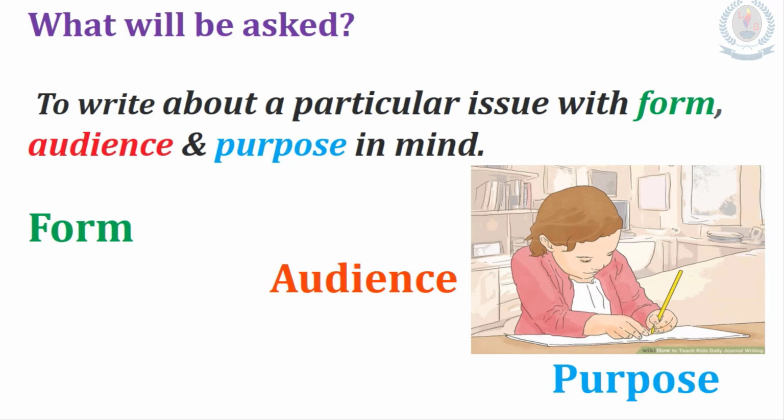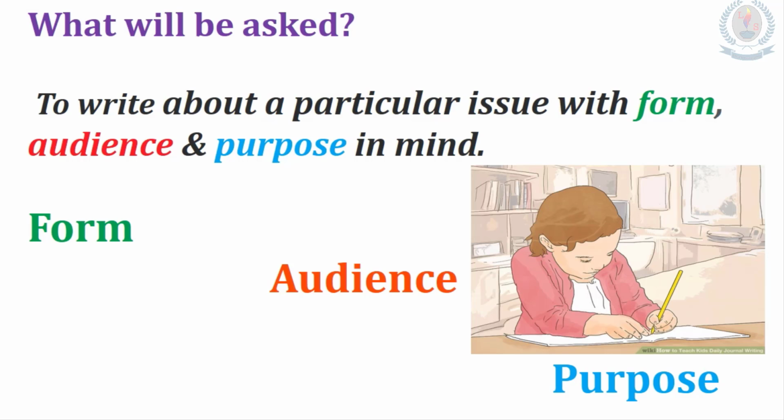But before answering that, you should have a clear idea about what these are. What's a form, what's an audience, what's the purpose of writing? What does it mean? The term form refers to the piece of writing.